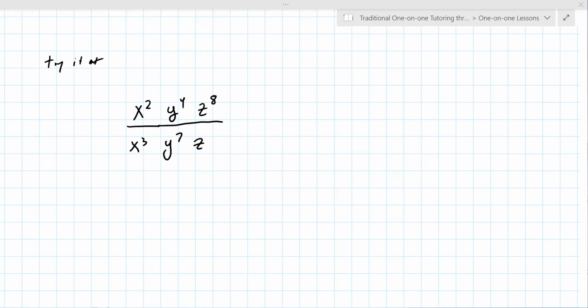Okay, I got z to the power of 7 over x to the power of 1 and y to the power of 3. Correct.